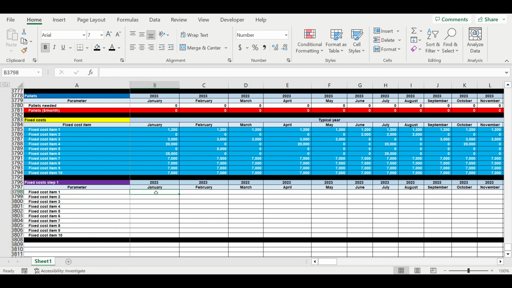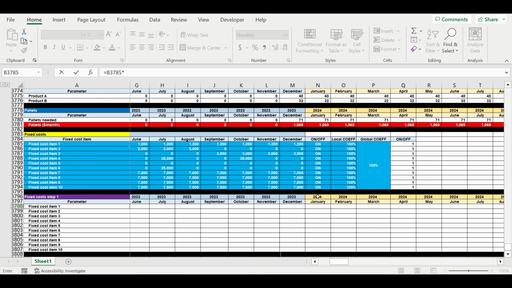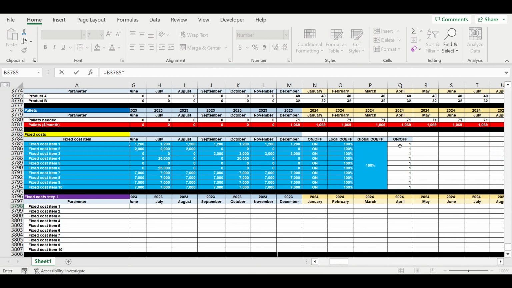So first of all, I'm taking this value, then I multiply it on the first coefficient, on off. Then I multiply it on local coefficient, freezing the column, and then I'm multiplying it on global coefficient.